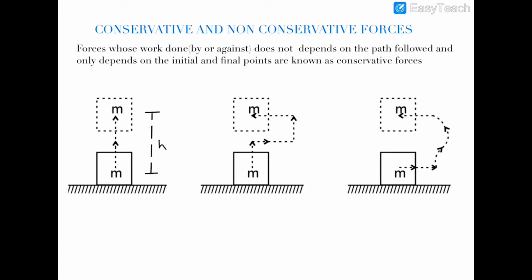Now let me give you an example. This is a block which is taken directly from point A to B through a simple path, a straight line along the y-axis. The height we have traveled is h.